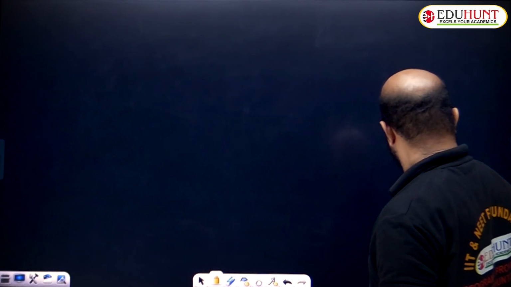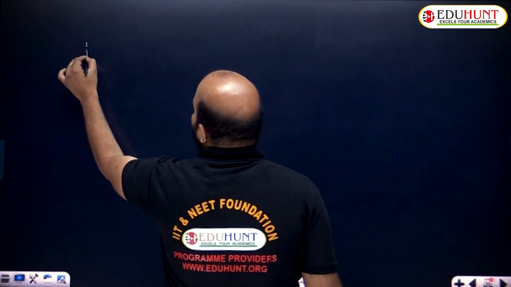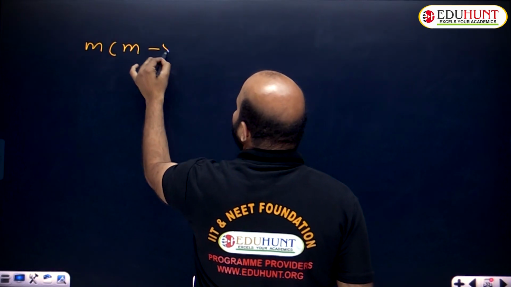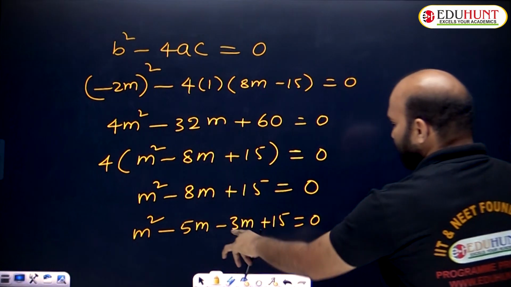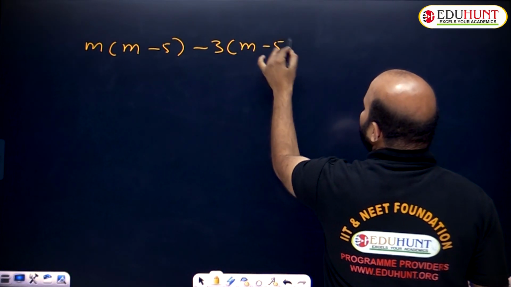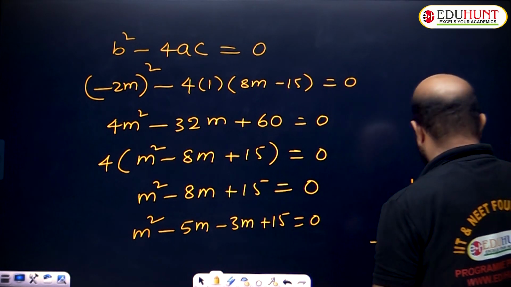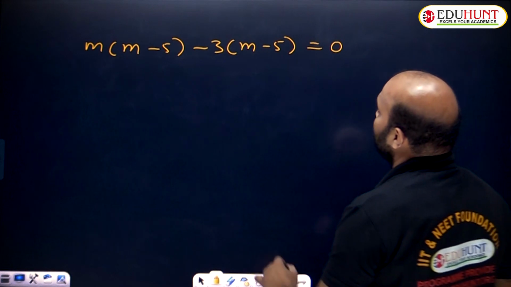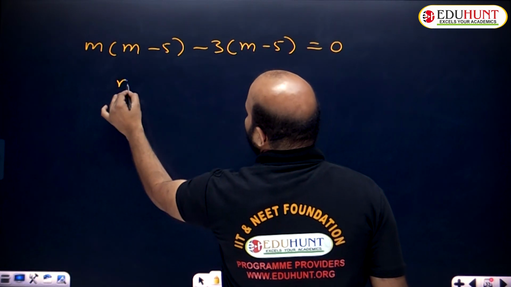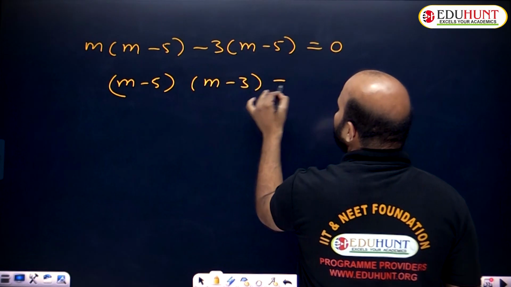In the first two terms, m is taken as common, giving m into m minus 5, and in the next two terms, minus 3 is taken as common, giving m minus 5 equal to 0. So minus 3 common, m minus 5, 3 5s are 15, minus into minus plus. So it can be written as m minus 5 into m minus 3 equal to 0.